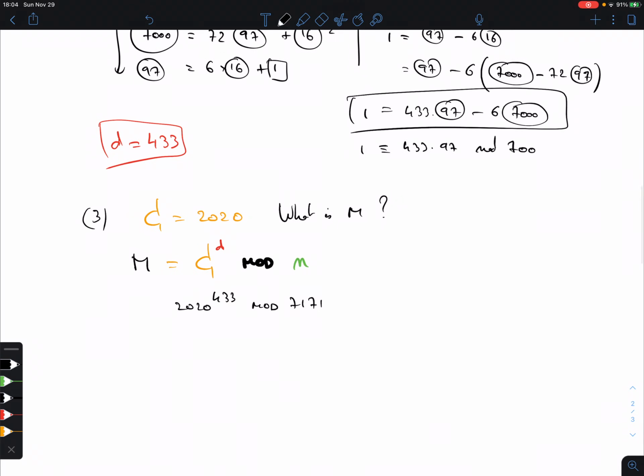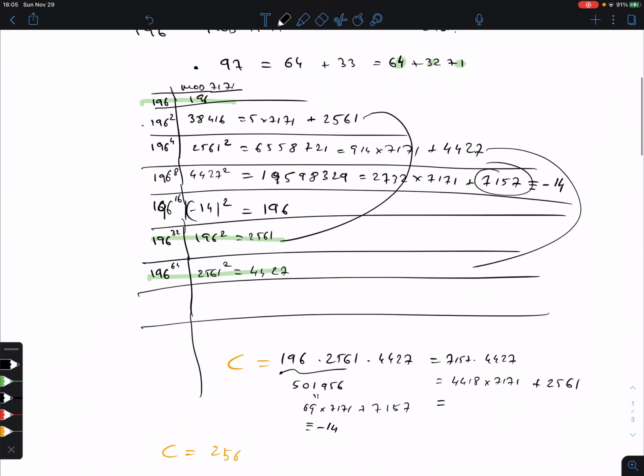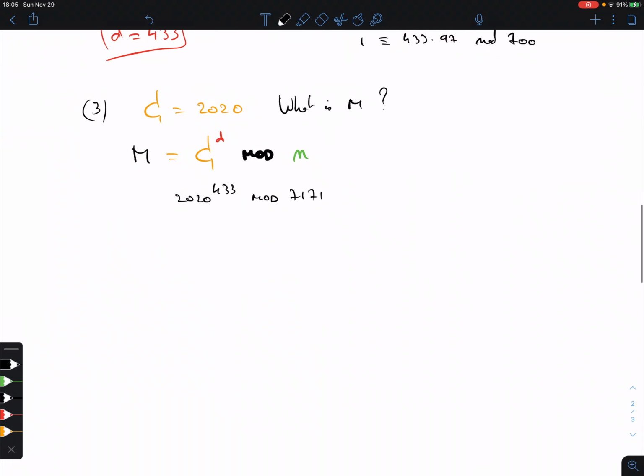How do you do that? Well, again, I want to show you the steps. It's modular exponentiation. We've done it here, so we do it again. 433. Well, that is 256 plus, let's see, 433 minus 256. That is 177.